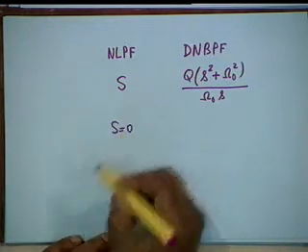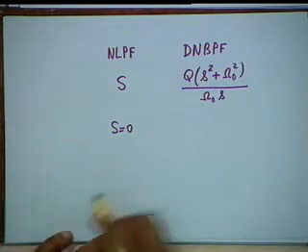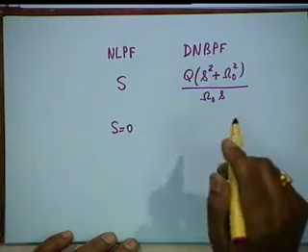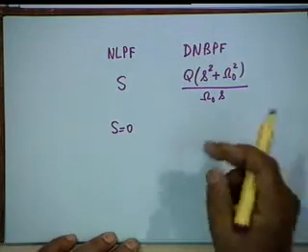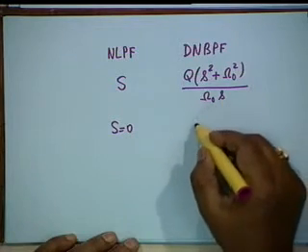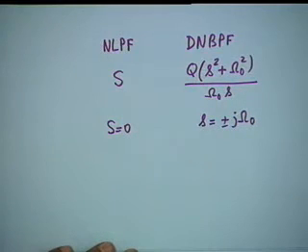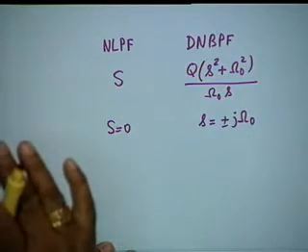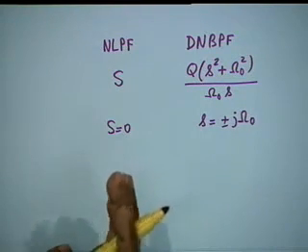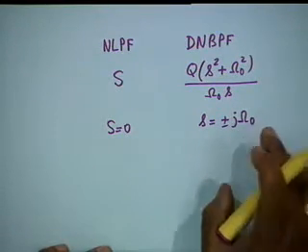Capital S equal to 0, where the magnitude of the low pass filter is unity, okay, unity for a Butterworth filter, not necessarily for Chebyshev, it may be different, but it does not matter. Capital S equal to 0 corresponds to small s equal to plus minus j omega naught, and therefore, whatever transmission I have at DC for the low pass filter transfers to a non-zero finite frequency omega 0, all right.